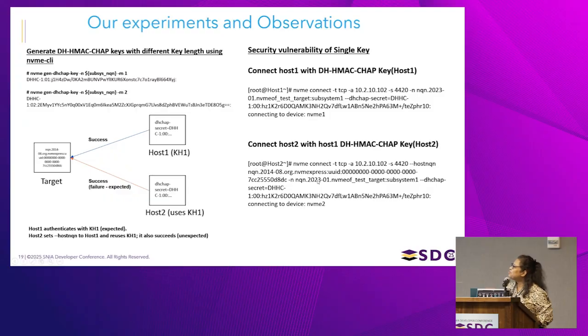I mean, in impersonation, somehow the attacker has gained access to this key. That's what I'm trying to show here. You've got the same identity, the same host NQN, and the same key. It should be expected. Yeah, it is a success, but we are trying to show how that impersonation will work.